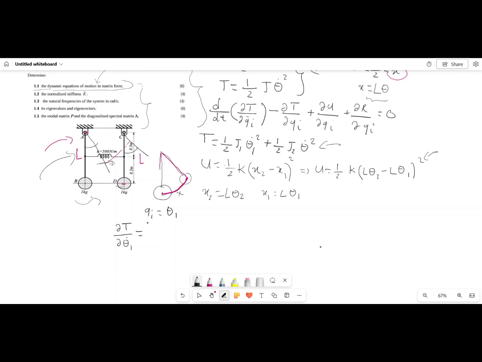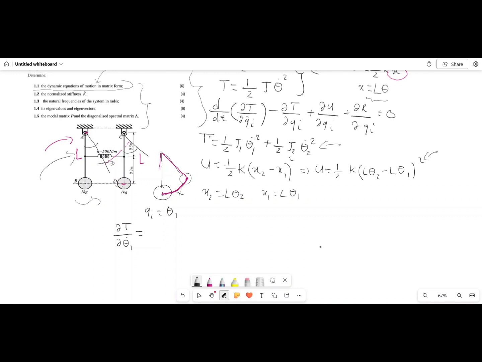So what is the differentiation of kinetic energy in terms of theta 1? Basically what we are doing is what we call a partial derivative. I hope you are with me. In this function on top here, if we differentiate in terms of theta 1, what are we going to have? We know already that because theta 2 is not part of the variables, it's a constant.